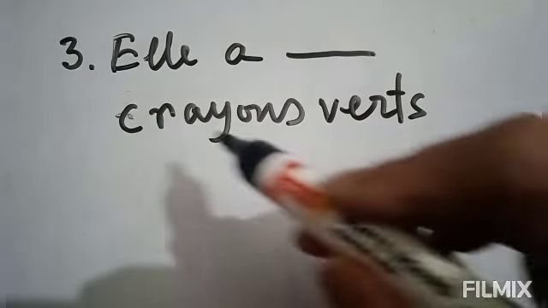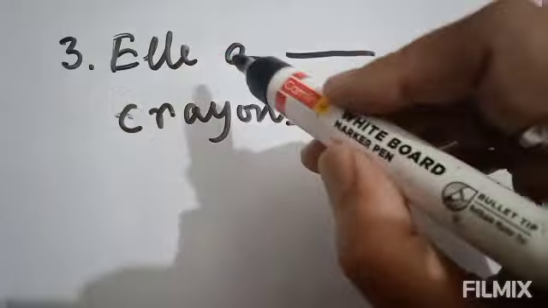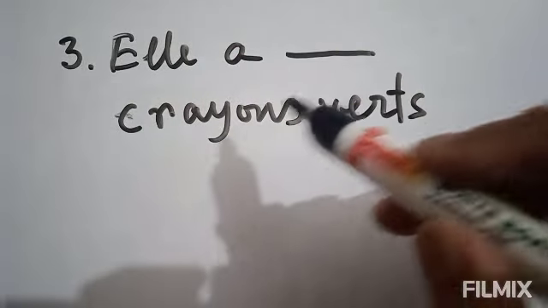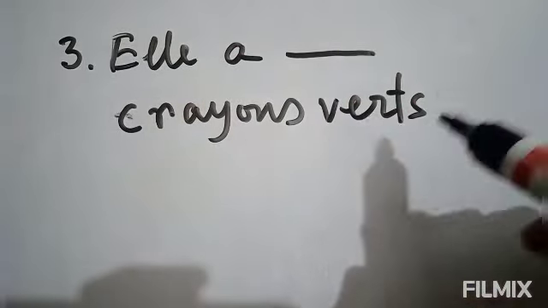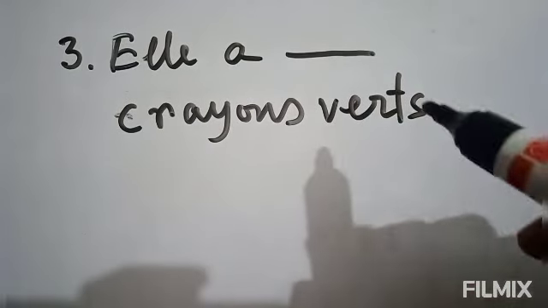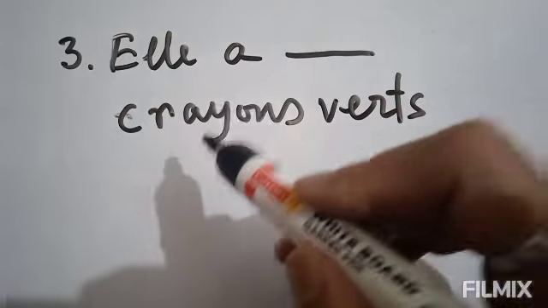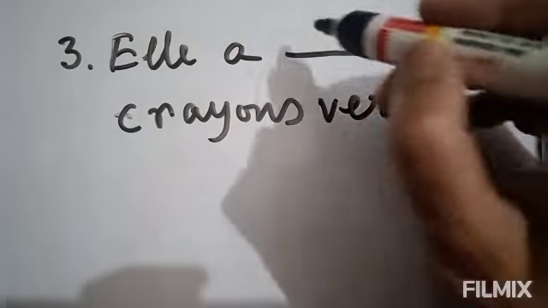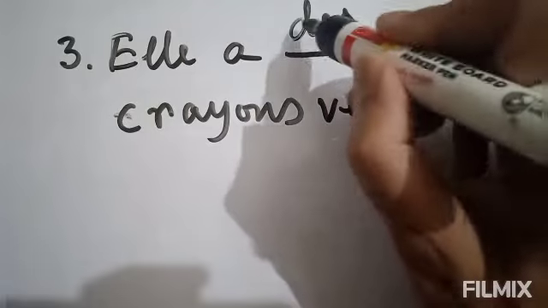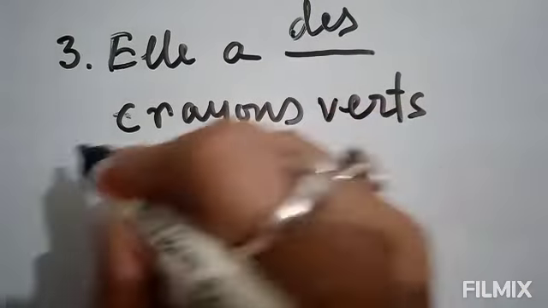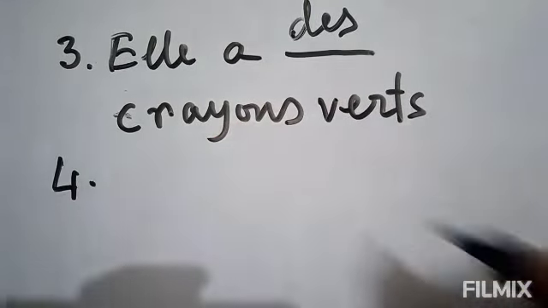Vert means green color. Crayon is pencil. Elle a, she has. Dash is given. Crayons verts: crayon is masculine and plural, so you have to put the indefinite article des. Number 4.